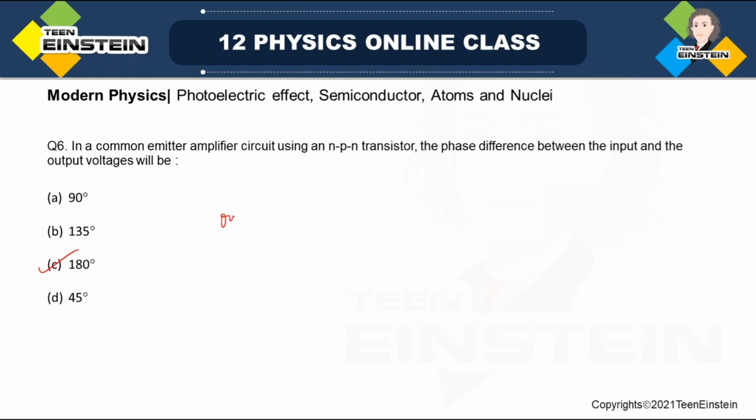The output of a common emitter NPN transistor amplifier will produce an output which is 180 degrees out of phase.